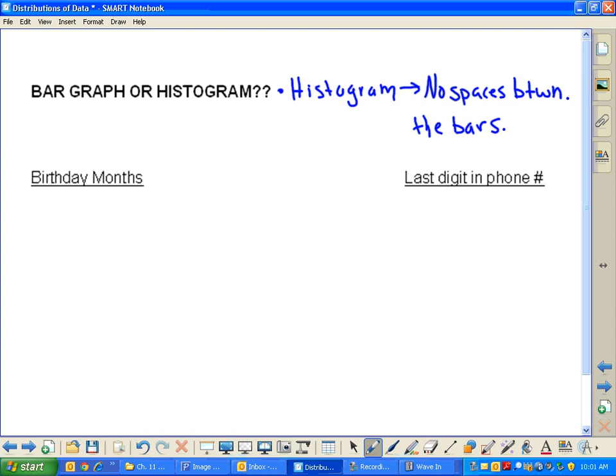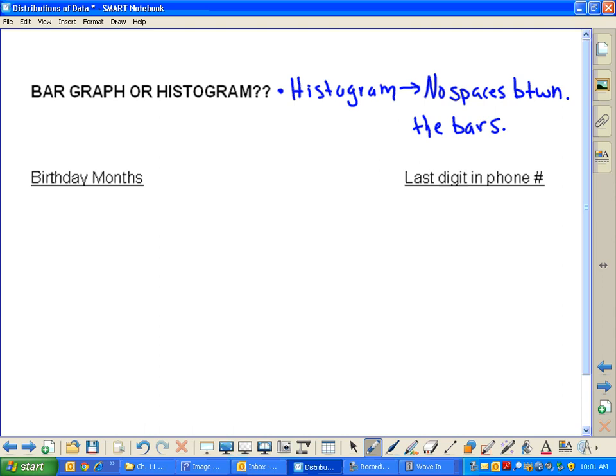Well, if you start throwing in some spaces in between your bars, you're skewing the shape of that distribution inaccurately. So you can't put spaces between the bars. Also, ultimately, some of these formulas are calculated by finding the area under a curve. If you're throwing some zeros in there, that's going to mess up the area you have under your curve. So, no spaces between your bars.